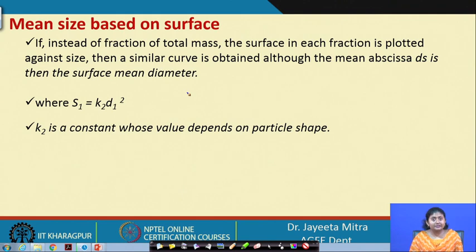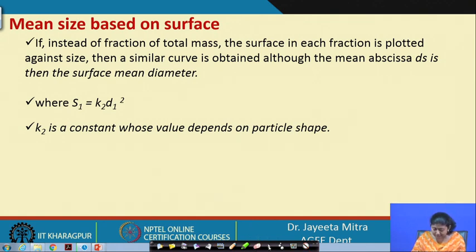So, if we plot the surface area with respect to the diameter of the different particles, the mean abscissa ds will represent the surface mean diameter.